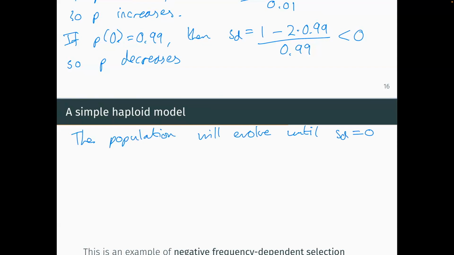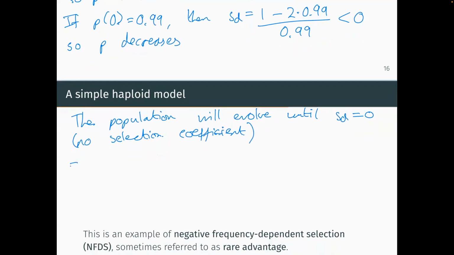The point at which it changes sign is where it's going to evolve towards. So what is it? Just to clarify, this is where there is no selection coefficient, because we've got no mutation in this model either, no genetic drift. We're in infinite populations. Then once we get there, we're going to stay there.